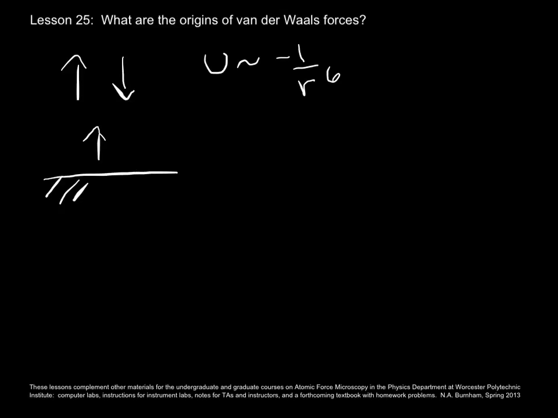Starting with potential between two dipoles, we can get the potential between a tip and a sample because we can integrate over the volume. We can say, let's pretend we have a dipole near a semi-infinite half-space and integrate up all the dipoles in that semi-infinite half-space with respect to how far away that dipole is from the surface.